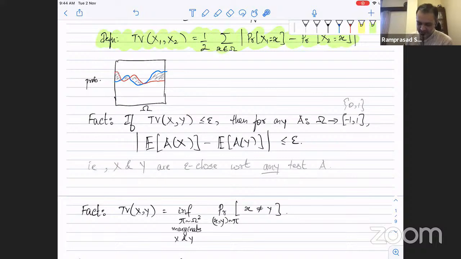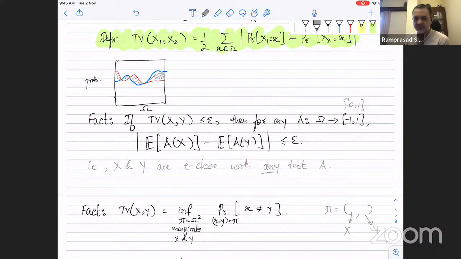So basically, what this says is try and find a distribution pi on pairs, okay, such that the marginal on the first coordinate looks like x, and the marginal on the second coordinate looks like y. Okay, so that's what I'm minimizing over. So that's this inf there.